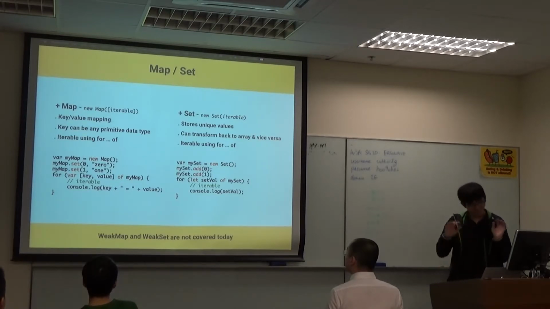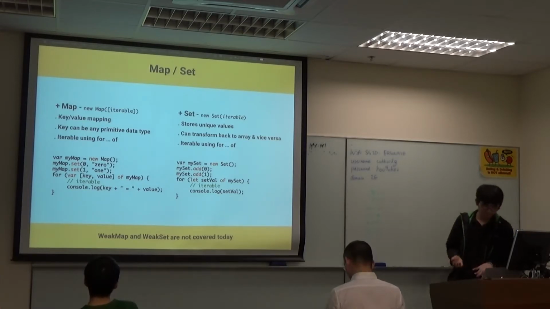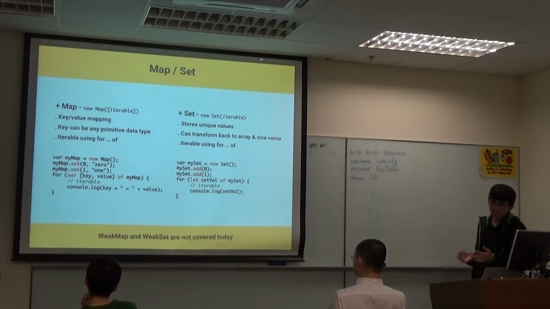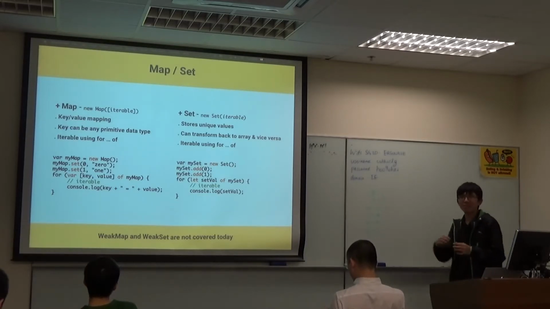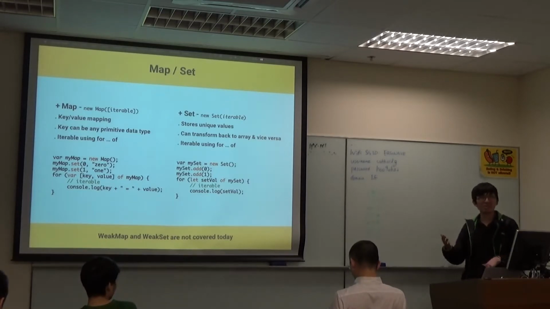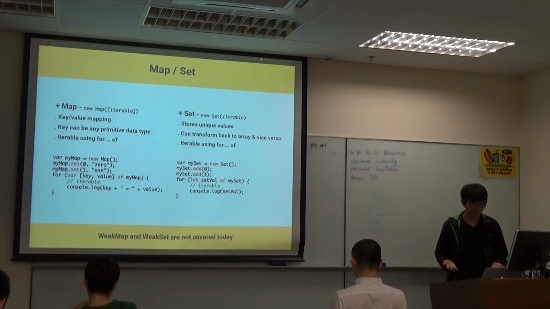There is a difference between map and object. The key in map can be any primitive data type. Remember, when you assign a property name in an object, it must be a string, something like that.